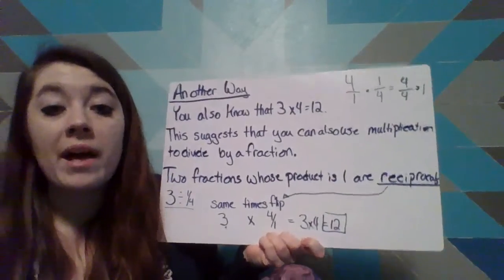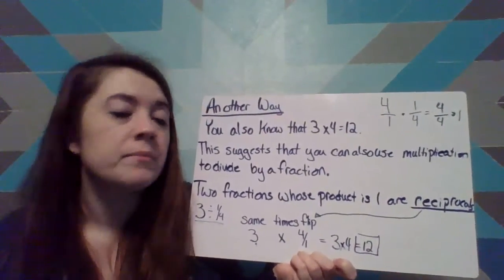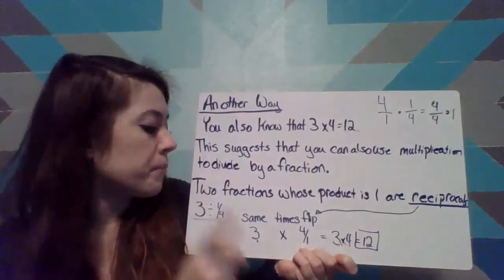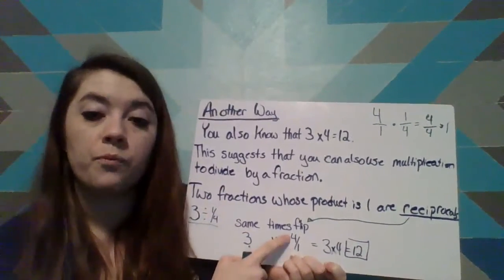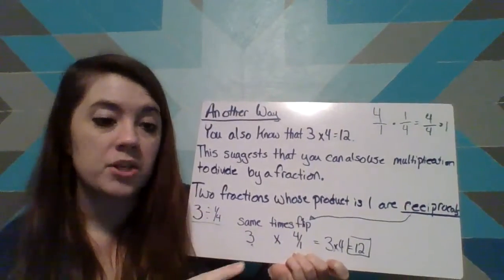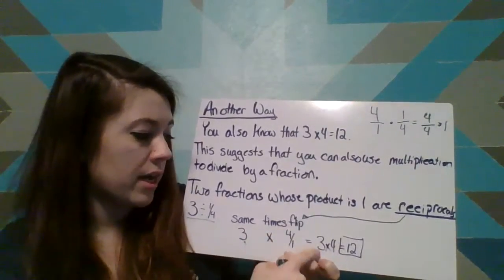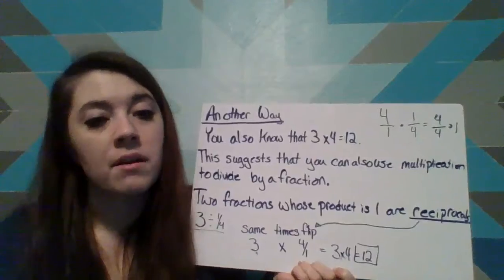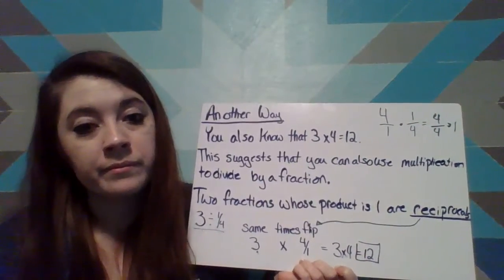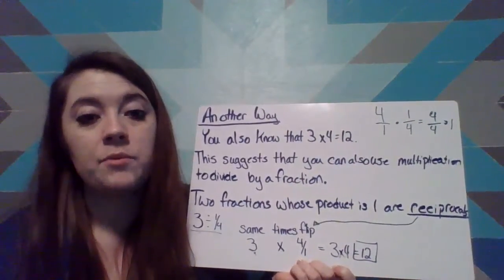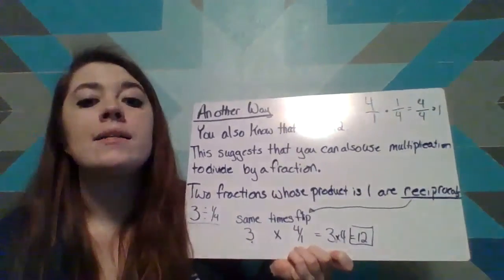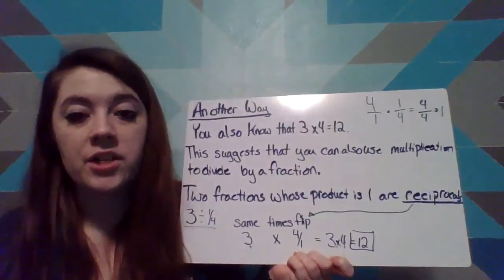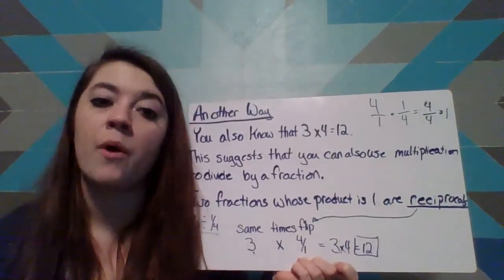Reciprocals is a keyword, remember? So this reciprocal is 4 over 1. Now we just multiply. 3 times 4 is 12. So, same times flip. That is the key thing you need to get from this. It's going to make dividing with fractions significantly easier for you, hopefully.